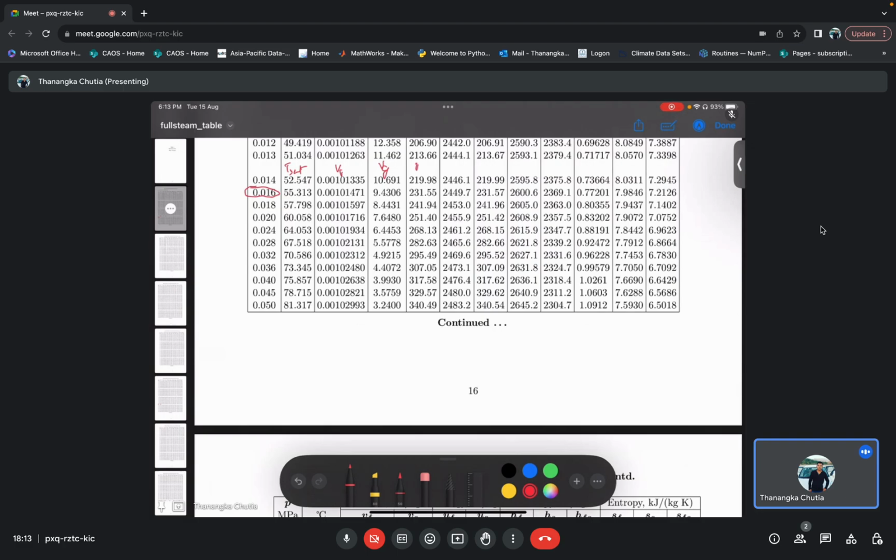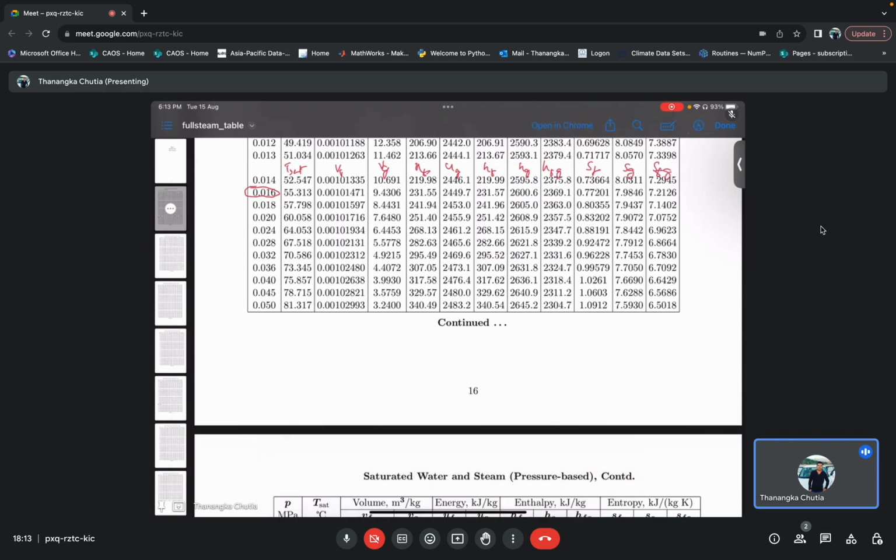This is your UF. This is your UG. This is HF, HG, HFG, SF, SG, and SFG. So at 0.016 megapascal, what we need?